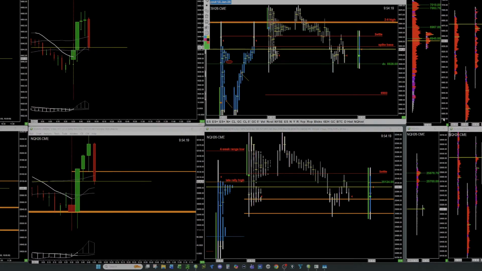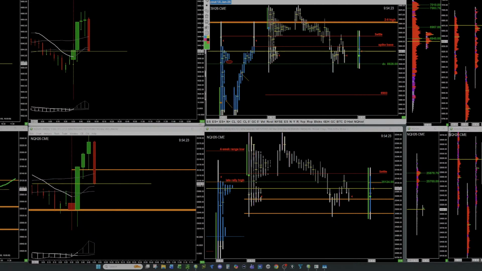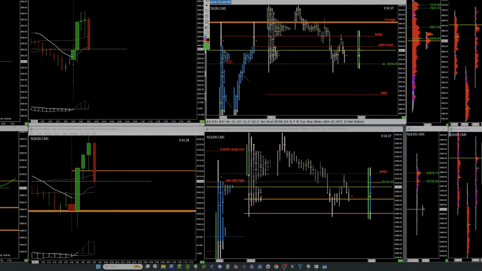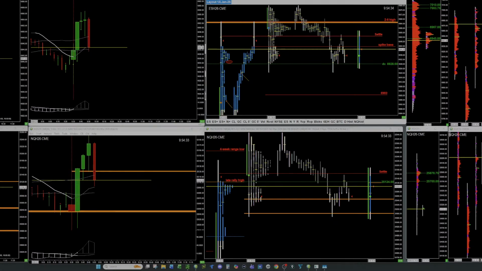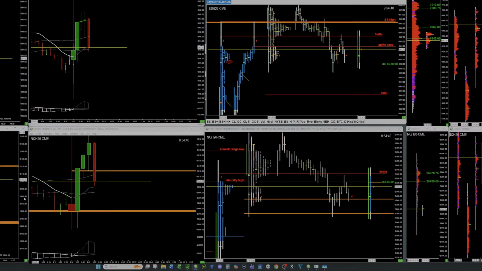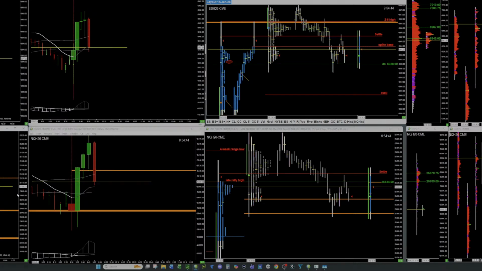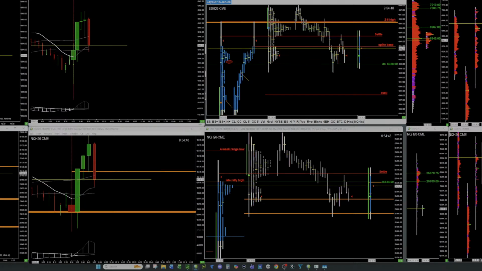And notice how Nasdaq is full white here. All of this has no volume, right? Other than this one here, which is really catching my attention. Look at this, it has nothing, man. It's white, nothing. Now let's see if this one falls.